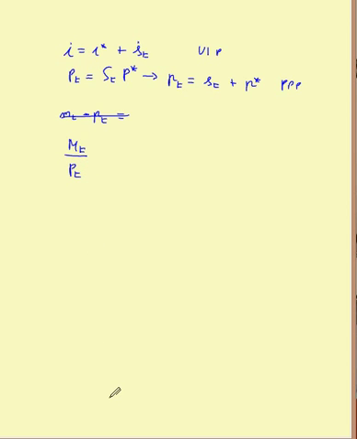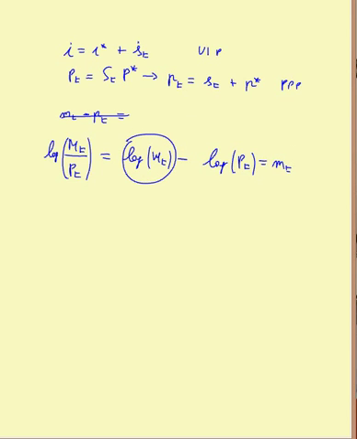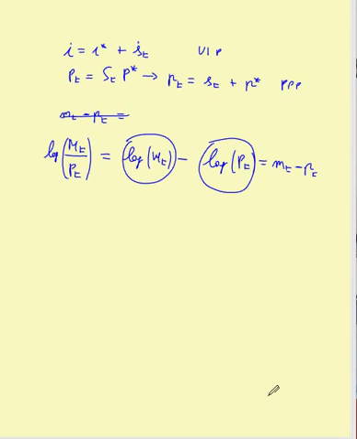If we apply the log to this, we get log of nominal money stock minus the log of prices, which is equal to small mt minus small pt.